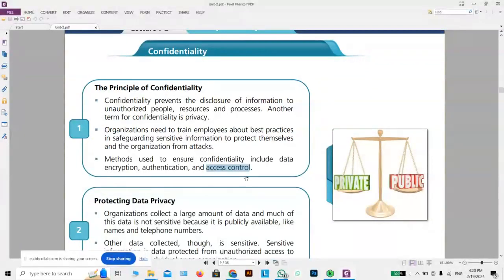So we can simply say encryption is a way to render data unreachable to an unauthorized party. That is how you can apply confidentiality. This is a method through which you ensure confidentiality. Then look at authentication.